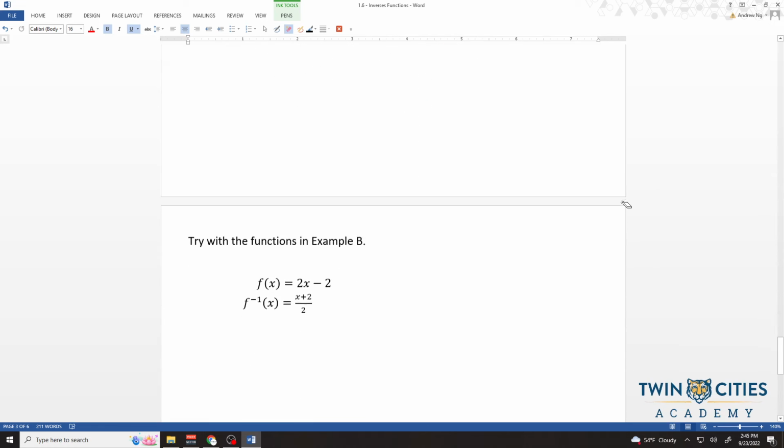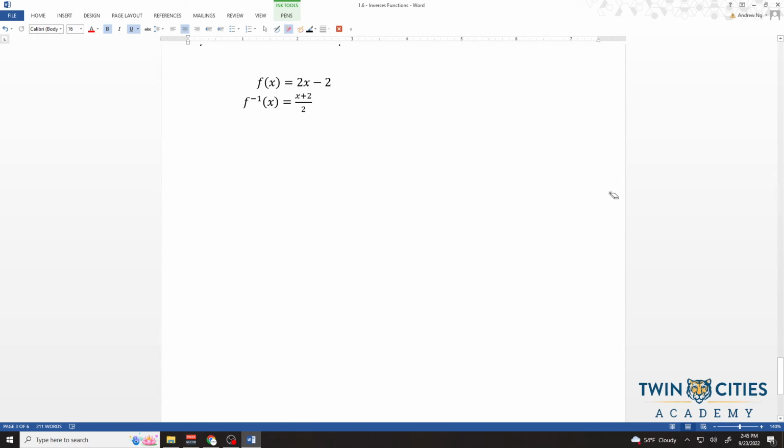Okay, let's do this one more time with the other two that we got. In example B, we got these two. We got f of x, my original function was 2x minus 2, and my inverse that I found was x plus 2 over 2. And what I'm going to show you is I can do this with f being the base as well as f inverse being the base.